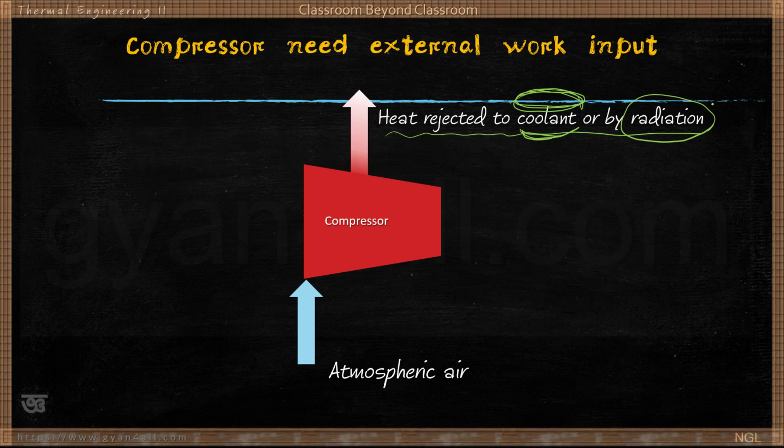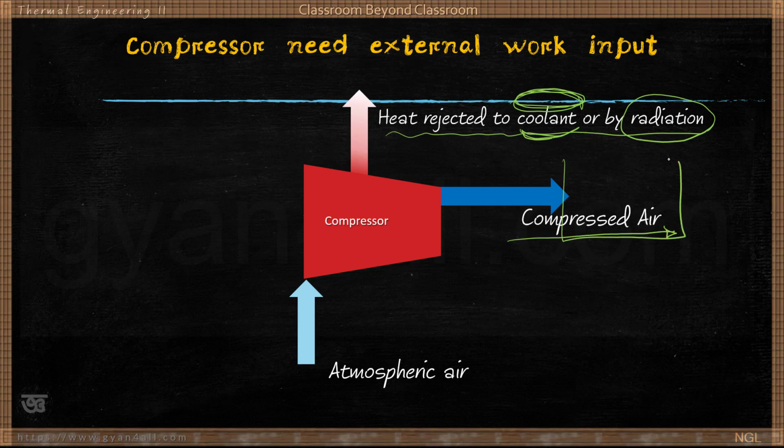And the compressor will deliver the compressed air to some system, say to some receiver, to some container, and the compressed air will go out of the compressor, and it may be preserved somewhere, or it may be used immediately for the work that it is intended for.